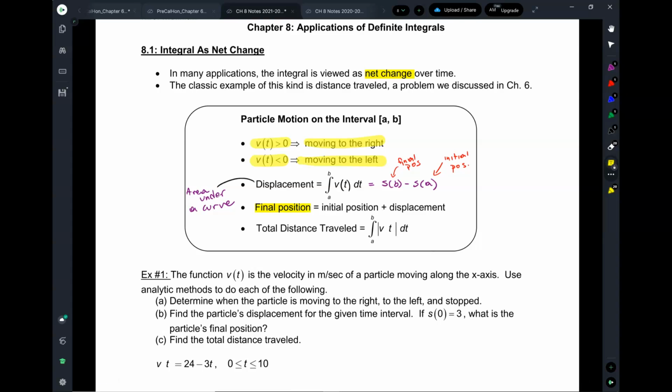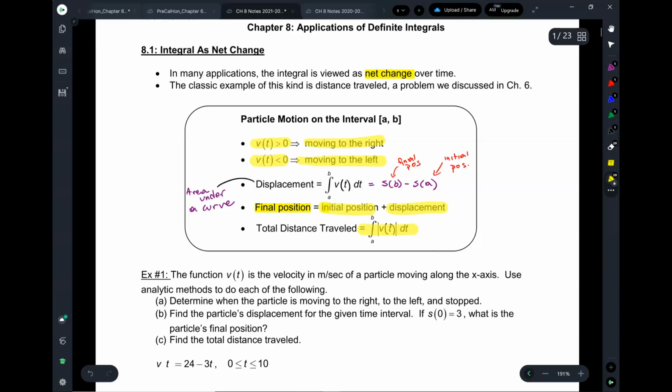It's where it started, the initial position, plus the displacement. Suppose something started at x equals 3, and moved 7 meters; now it's at x equals 10. And the total distance is the integral of the absolute value.